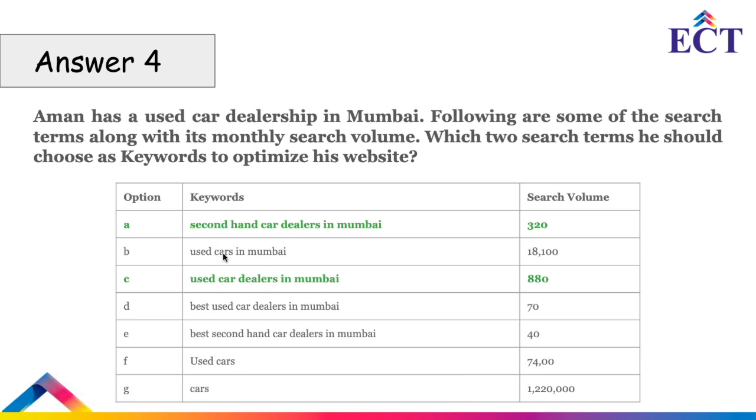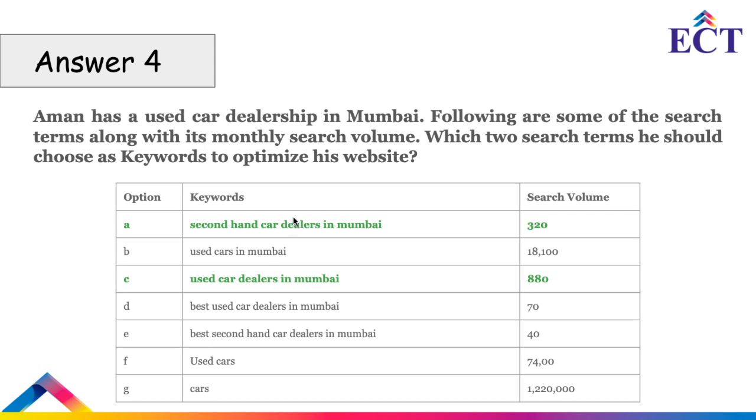Out of A, B, and C, used cars in Mumbai is also fine. The only problem is that it has very high search volume and therefore seems quite competitive. If you start with a new website, it is always better to start with keywords that are longer, have moderate search volume, and have precise relevance and purchase intent. When somebody is searching for car dealers or used car dealers, they are exactly looking for one and have a higher purchase intent.